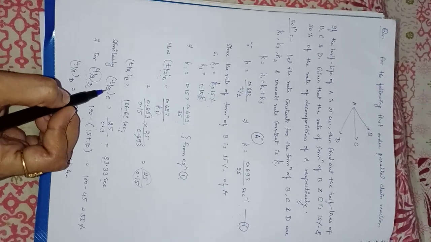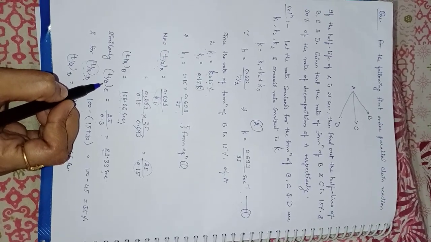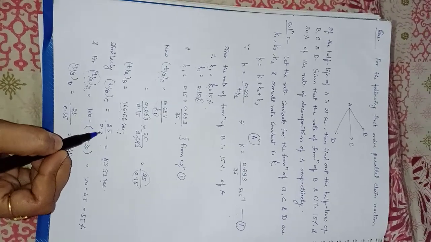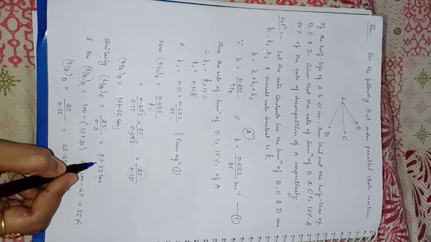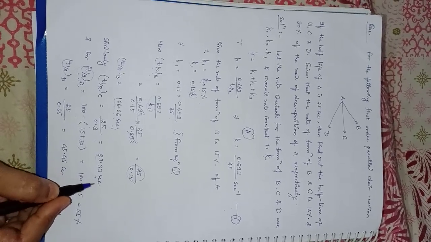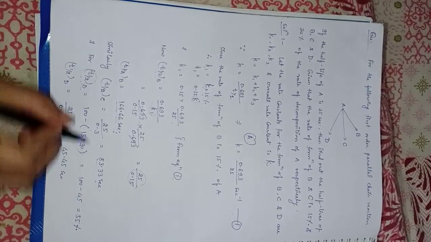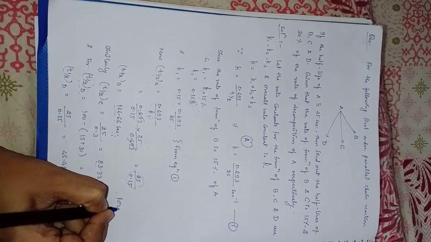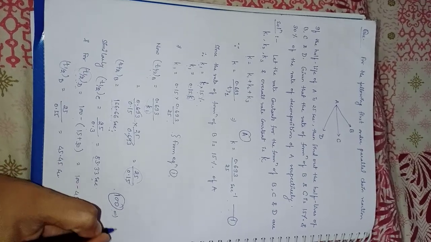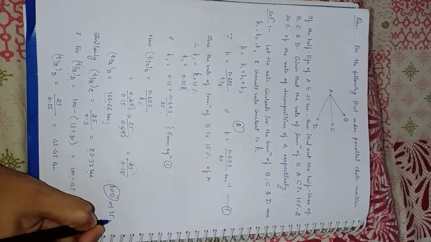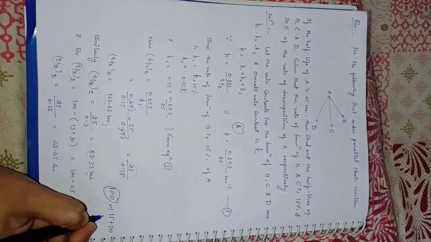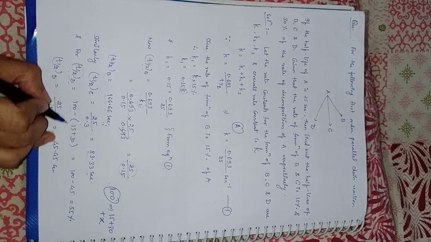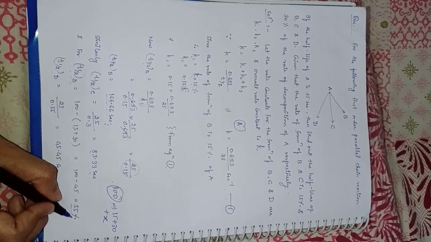Similarly, for the formation of C, the half-life can be calculated like this. When you divide 25 by 0.3, the answer comes 83.33 seconds. Now only D is left. Suppose the whole reaction is 100%. 15% is for B, 30% is for C, so you can find out the value of D. For D you will get 55%.